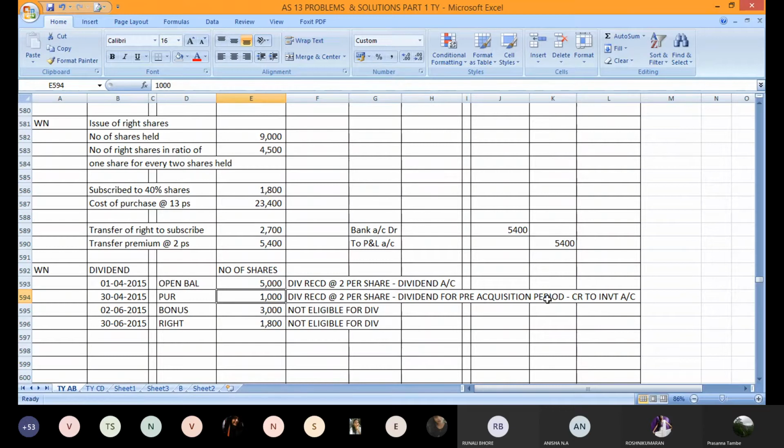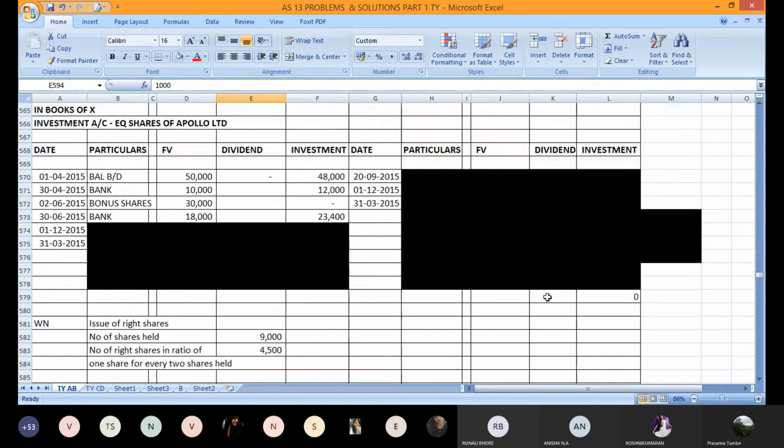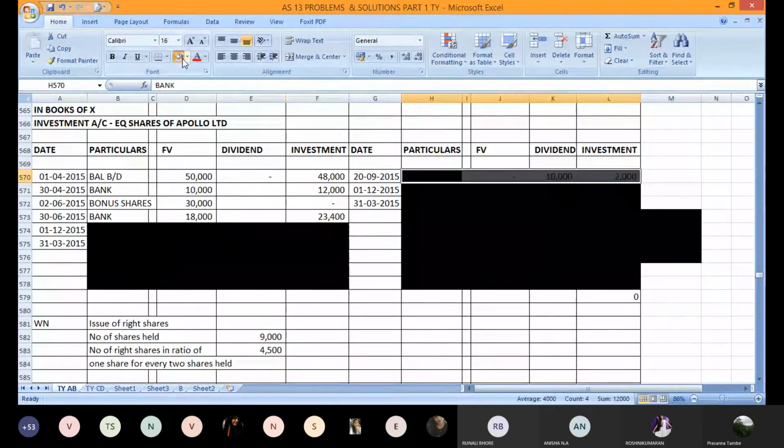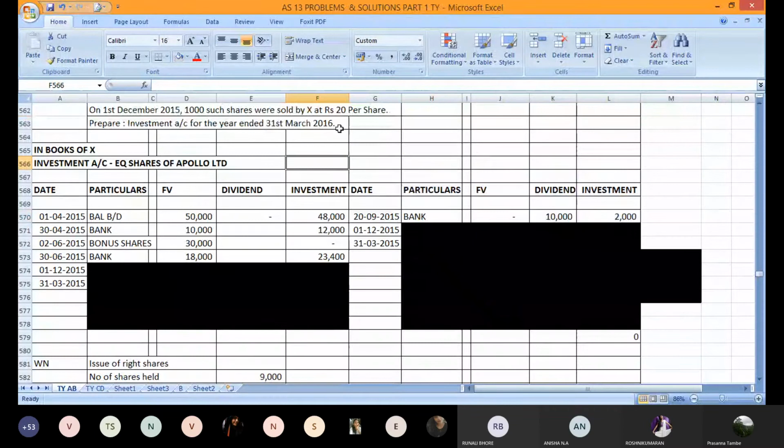So let us come to the ledger. This 2,000 is pre-acquisition dividend, and regular dividend goes to dividend account. Pre-acquisition dividend goes to investment account in this case. So this is how the accounting will be done for dividend and investment.